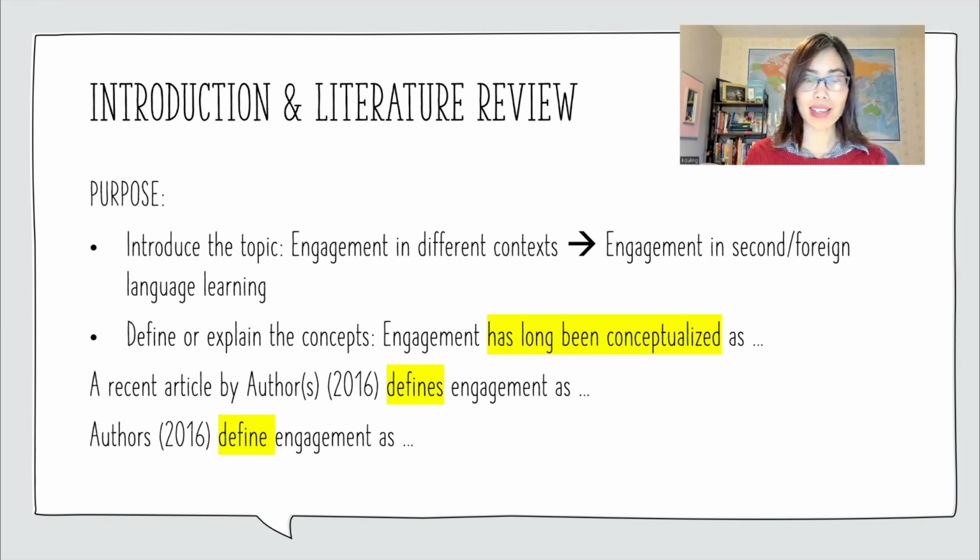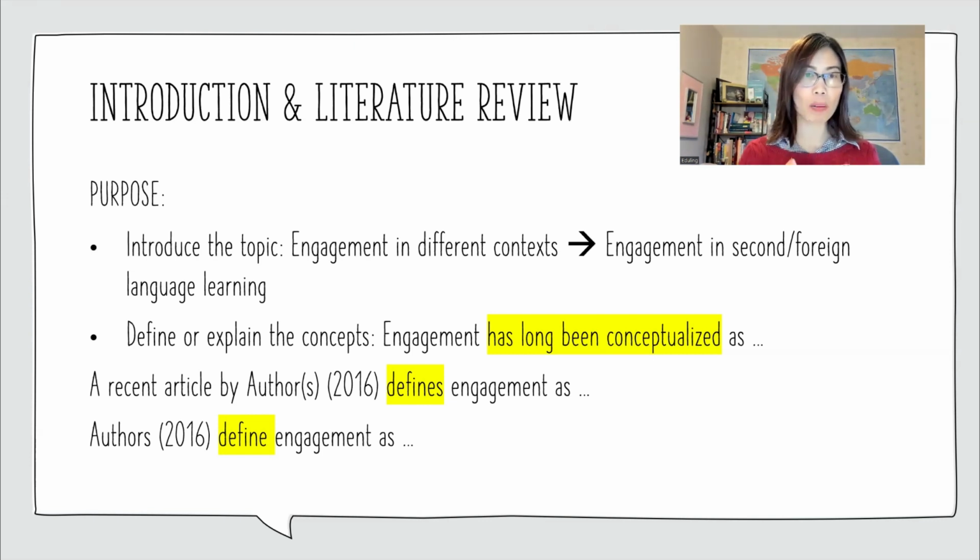And this is a sentence that maybe you can use in your paper also. I say, engagement has long been conceptualized as, and you can see that the present perfect tense is used here to introduce what other people have written about this concept. Another sentence that you can use to define the concept is to mention the authors.